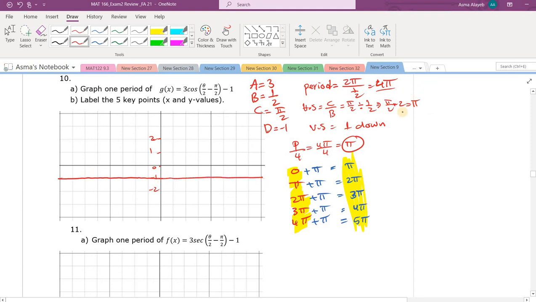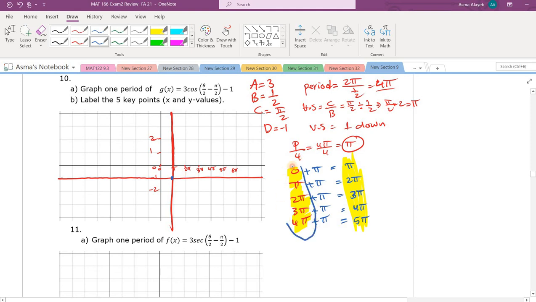My other axis is going by π, so I'm just going to count by π. If this is 0, this is π, 2π, 3π, 4π, 5π, 6π, let's say. Then this is my new y-axis. And this is the new origin right here.